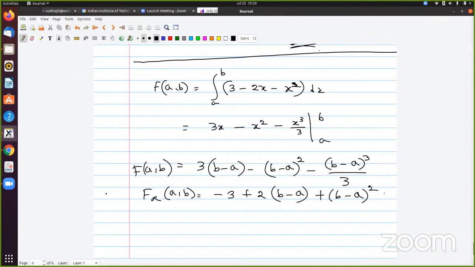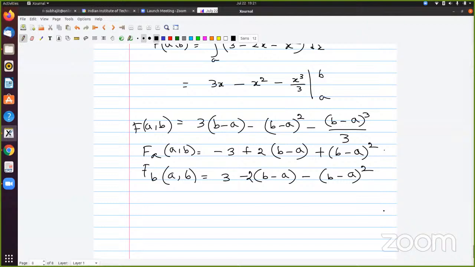Now, what is f_b? Same thing we'll do. It's the same, but the sign will be different. Okay, so what are the critical points?